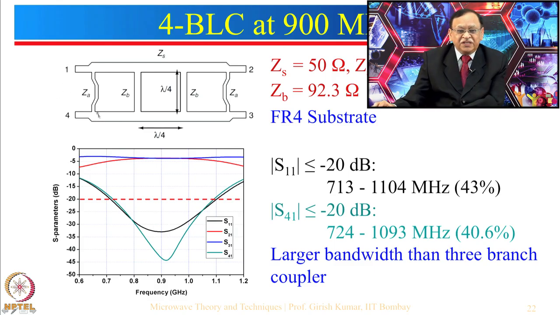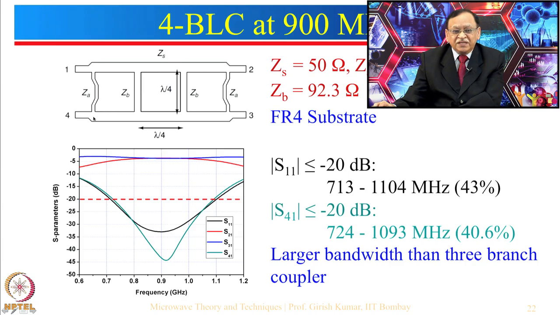This path is minus 90 degree, that is, a 90 degree delay. From here to here to here to here, this path again leads to minus 90 degree, and the path from here to here to here leads to plus 90, and the path from here to here leads to plus 90.